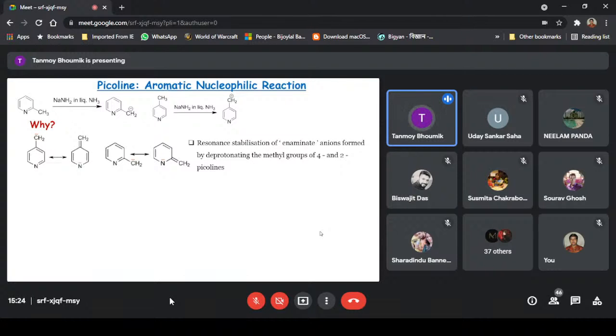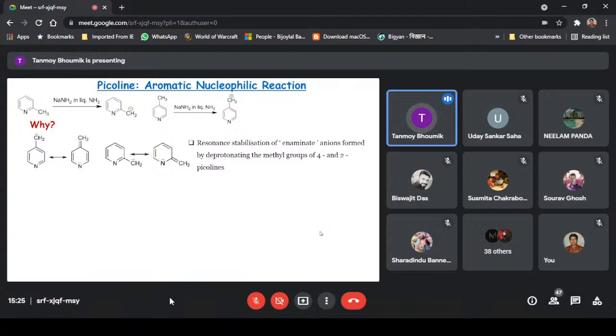Why is this? Whenever the ortho position, the 2 position or the 4 position with respect to the nitrogen of the ring carbon is not free and is substituted by a methyl group, then there are two options. First, the pyridine lone pair is conjugated under this condition, and the picoline anion is obtained.